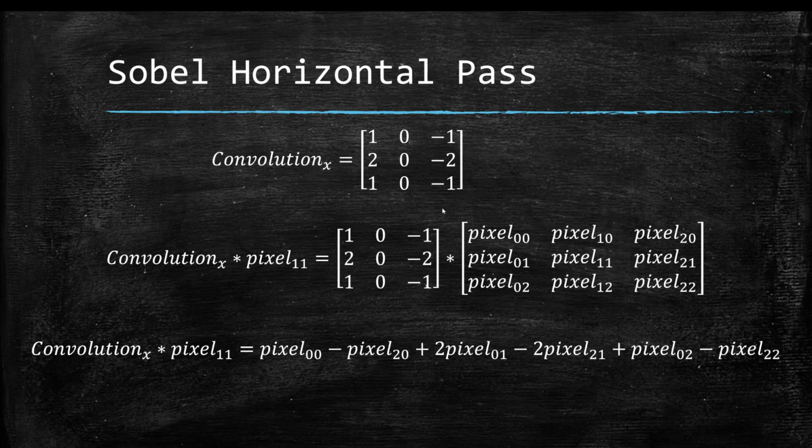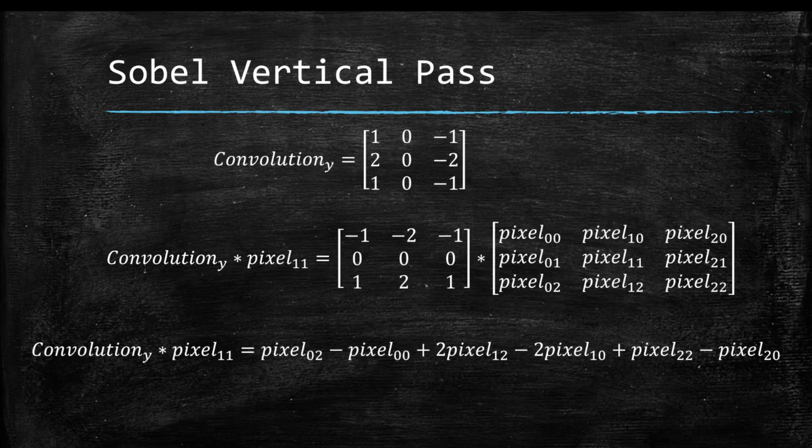We multiply the current pixel against the 0th one, but we analyze all of these other pixels into it, and then we come up with our convolution. We multiply all of these values against each other and add them up in order to come up with our convolution value. And then we're going to do the same thing for the vertical pass.